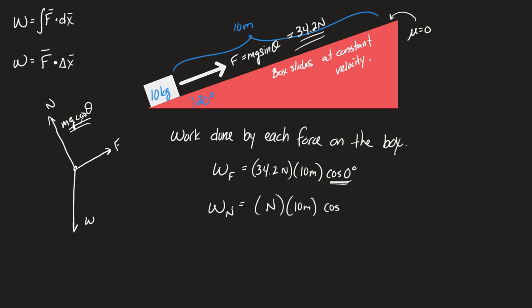What's the angle between the normal force and the displacement? Looking closely at my picture, normal force has to be this way. Displacement has to be this way. That's 90 degrees. Under this circumstance, the normal force does no work because it has no component in the direction of motion. So here we get 342 joules, but here we have 0 joules.